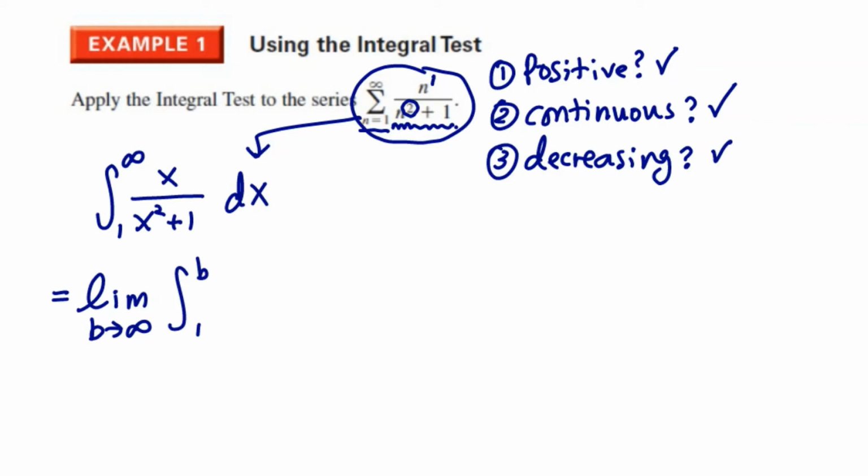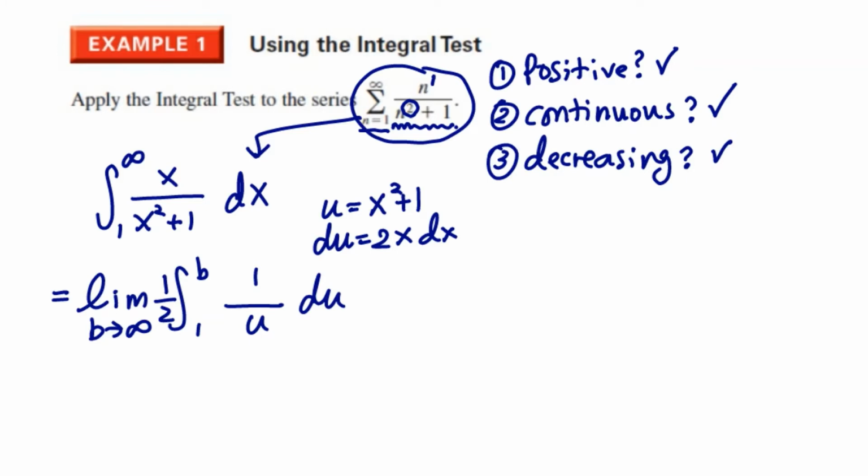Let's use u substitution. u equals x squared plus 1, so du equals 2x dx. So I have u in the bottom, and x dx. Instead of x dx, I'm going to write 1 over 2 du.